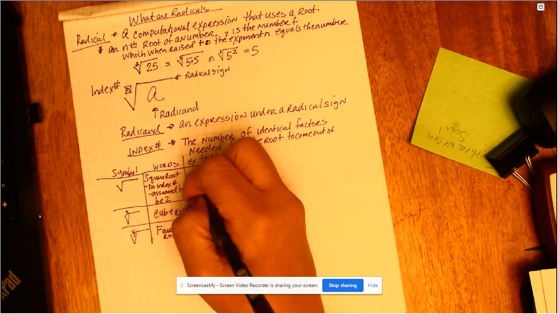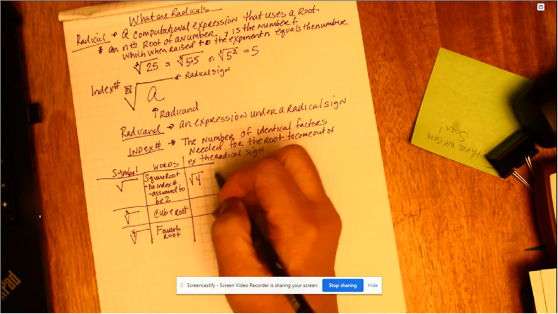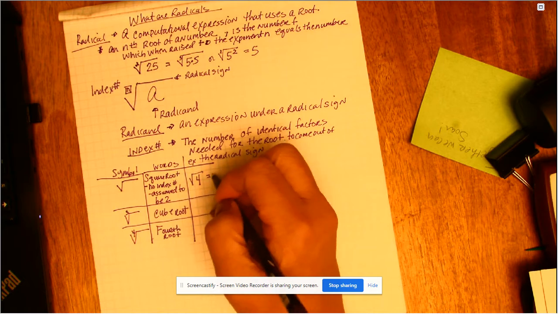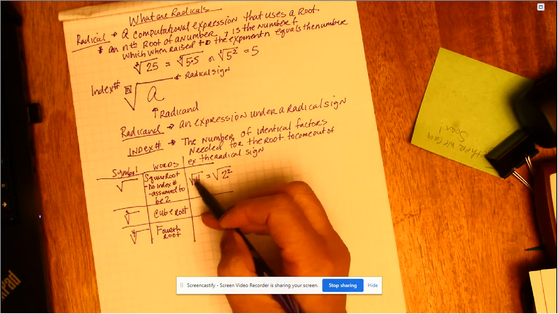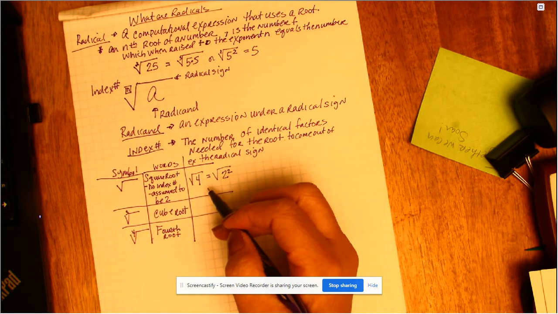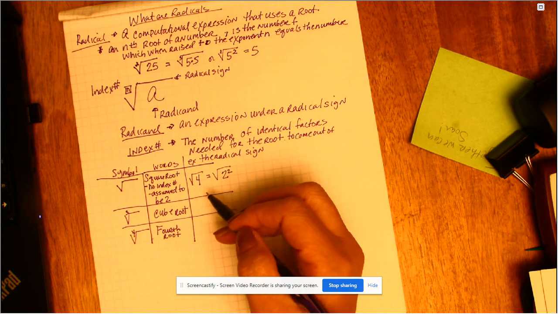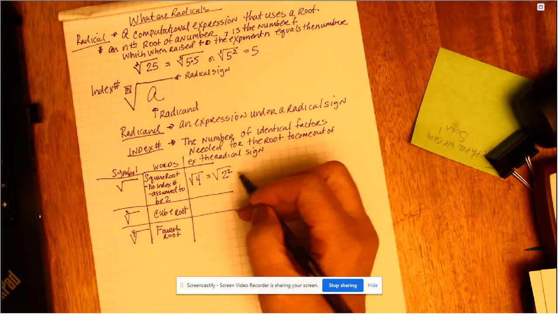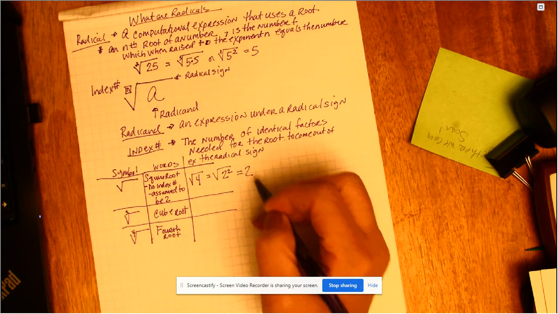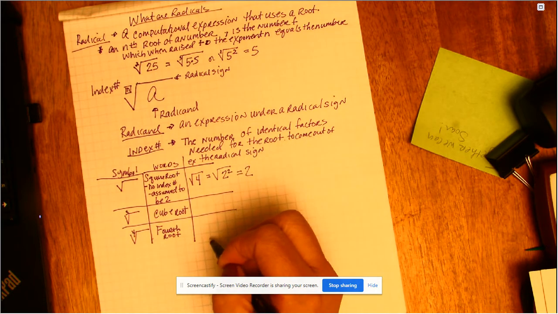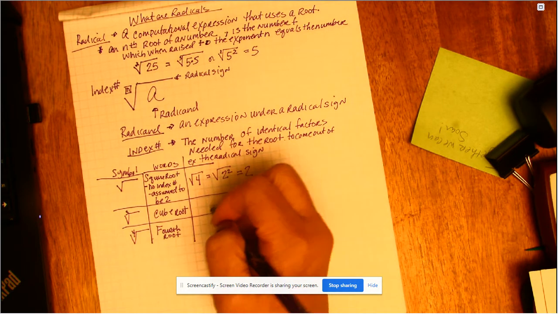So an example. The square root of 4, right? 4 is the same thing as 2 to the 2nd power. Our index number, we don't see it, so we assume it to be 2. So it's telling us that we need at least 2 factors that are identical for it to come out. Here, 2 exists twice, it gets to come out once. Kind of like roots growing a plant.